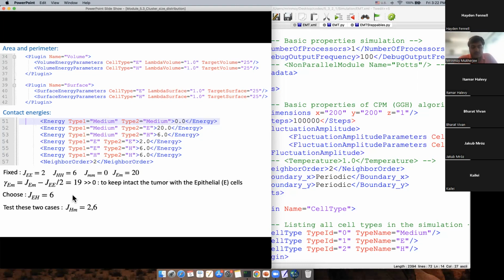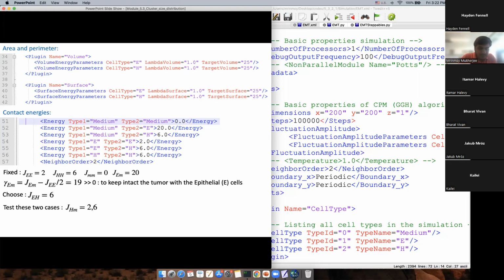So as you know, in fact, it is the original paper of the CPM model doing this cellular sorting phenomenon. There they explain these things by surface tensions. The epithelial cell-medium surface tension is defined as, imagine there are 2 cells. Do they like to contact each other, or do they like the medium?